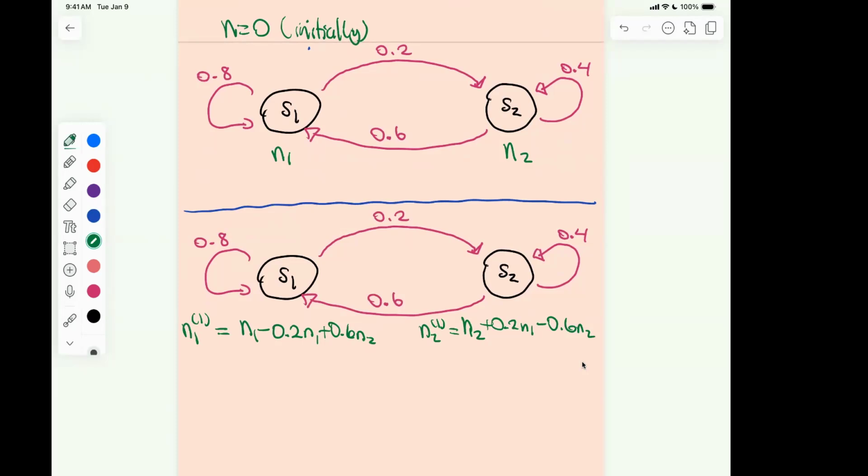It's just for me to say this is the number of people after 1 year. If you wanted, you could have called these N1(0) and N2(0), which means the initial population on each of the states.